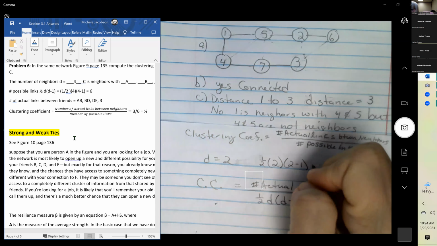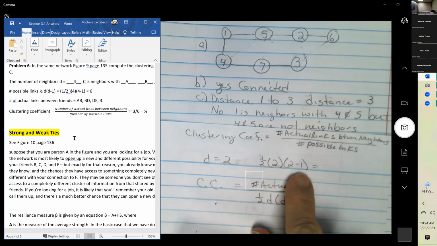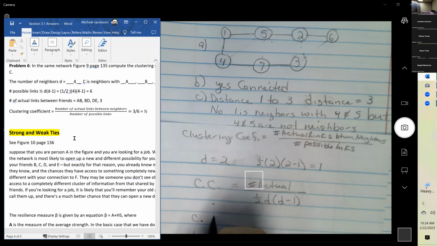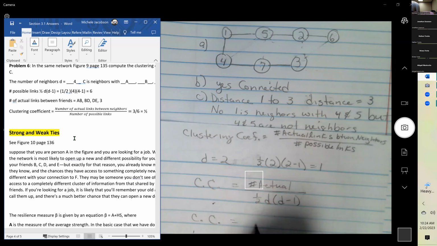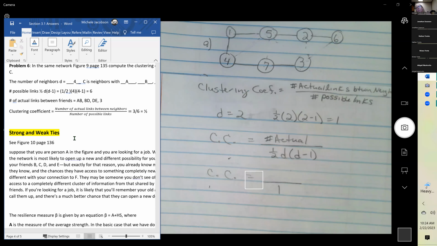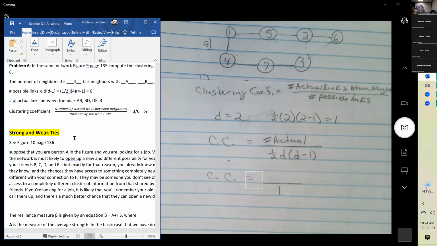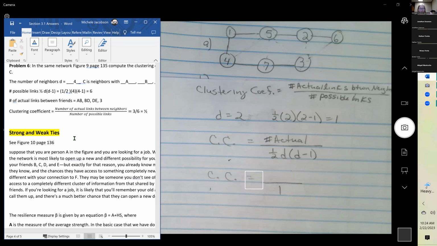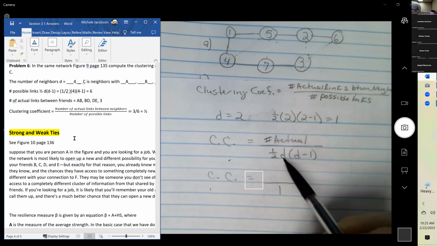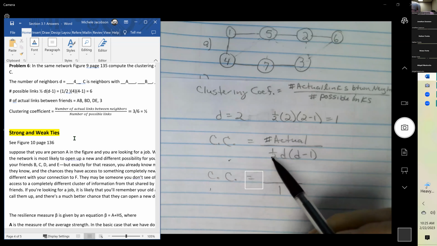And that's why if you plug this in, you're getting 1. So the denominator is 1. This is 2 times 1 times 1/2 is 1.